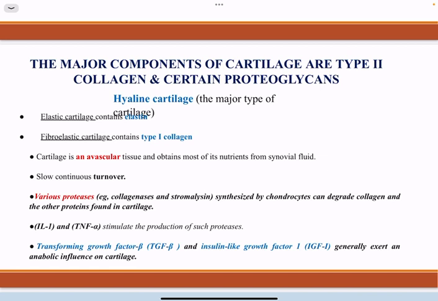This thing should click something in your mind, the inflammation or the inflammatory factors or the cytokines somehow involved in the pathogenesis of the cartilage.